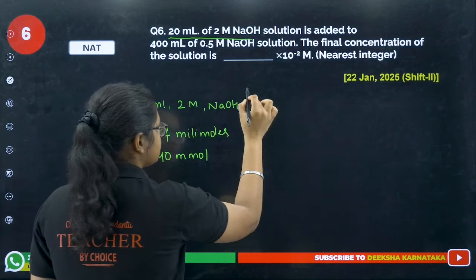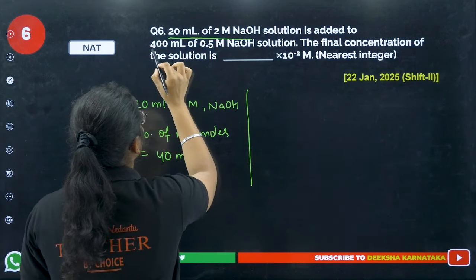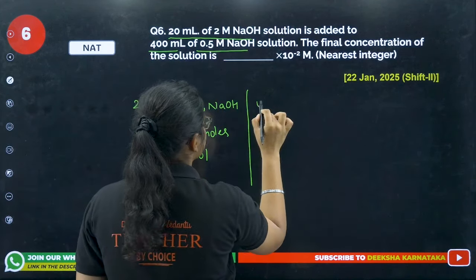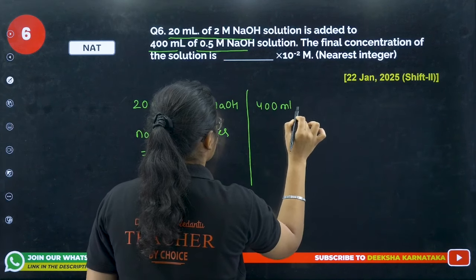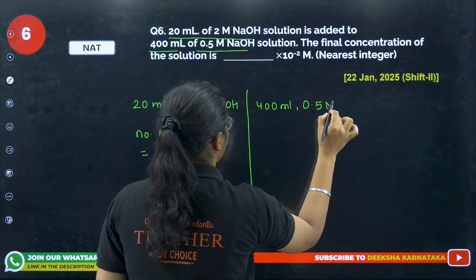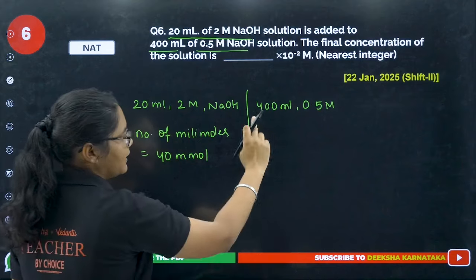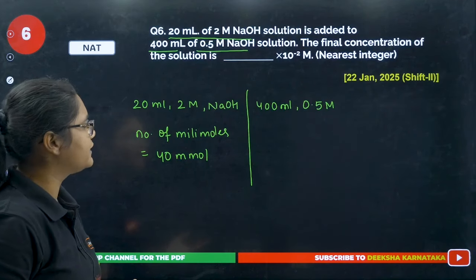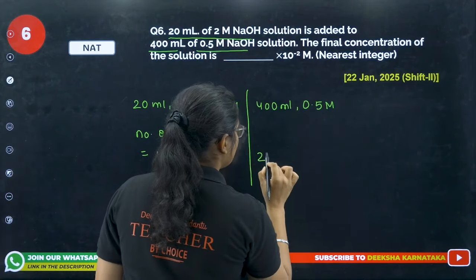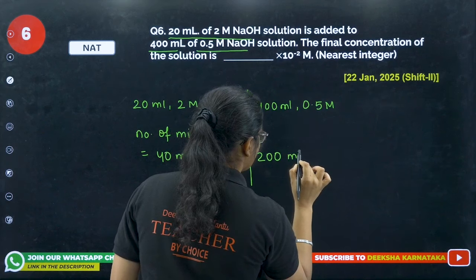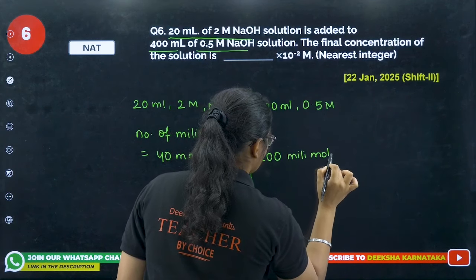Okay, next we have what? 400 ml 0.5 M NaOH. So if I multiply this one, I will get 200 millimoles, right?